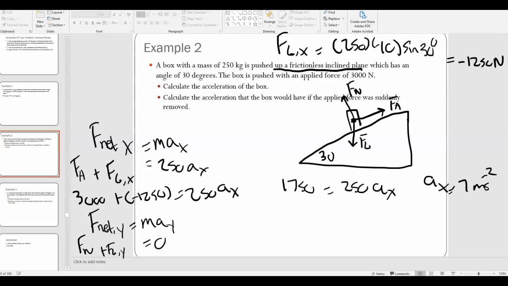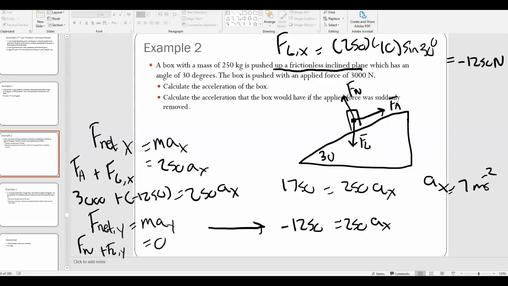Now, the second question says, calculate the acceleration that the box would have if the applied force was simply removed. So all that would change is FA would go away. And so if FA went to 0, all I would have is FGX. That means this equation right here would become negative 1,250 equals 250 AX.